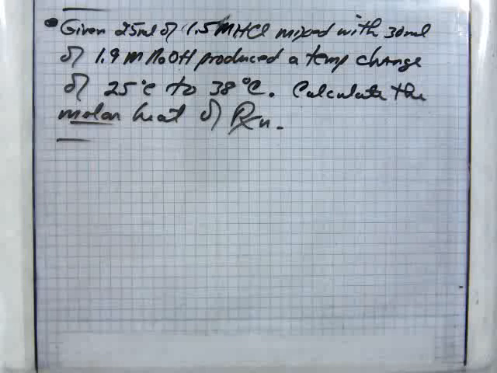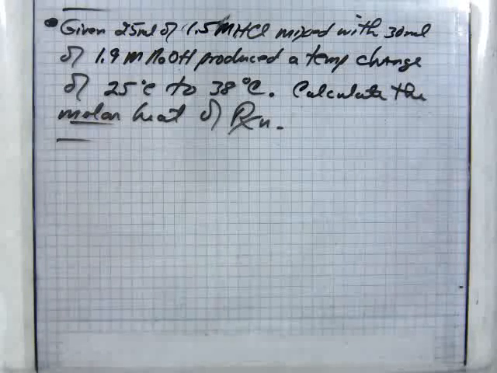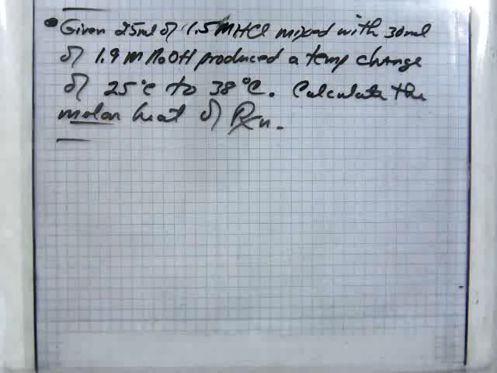Here is a solution phase reaction generating a temperature change when you mix them together. Both of the reagents and solutions before reaction are at the same temperature, say 25 degrees, but when you pour them together, a reaction takes place and the temperature of the mix goes up to 38 degrees Celsius.